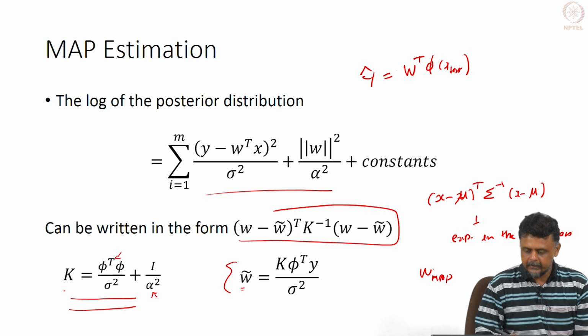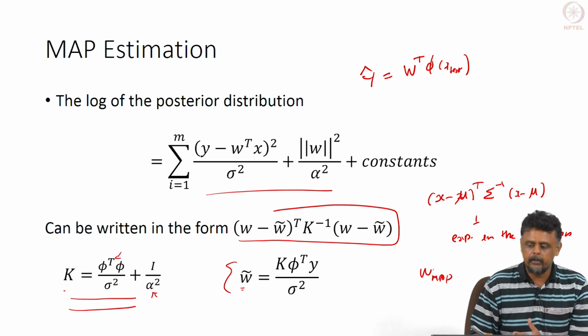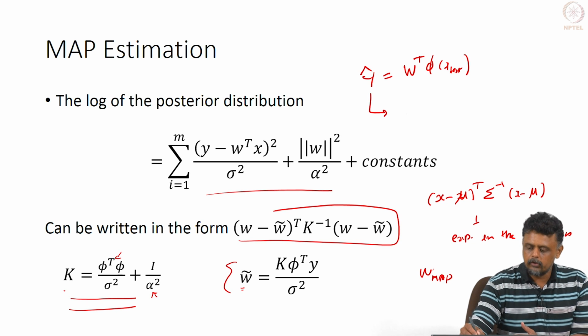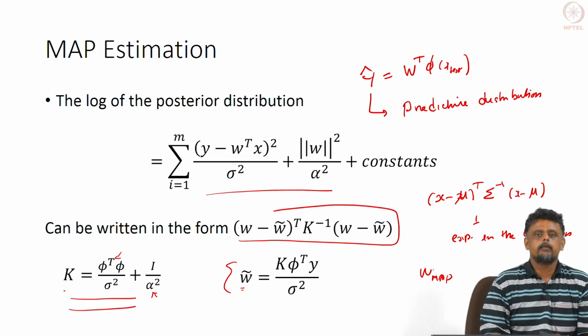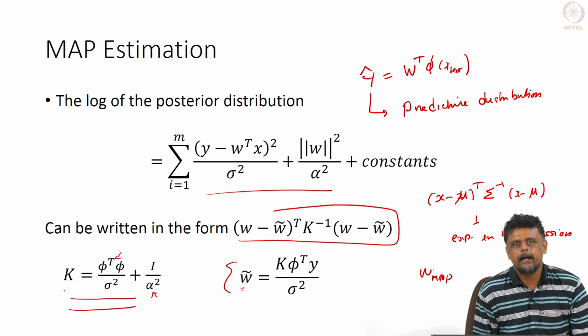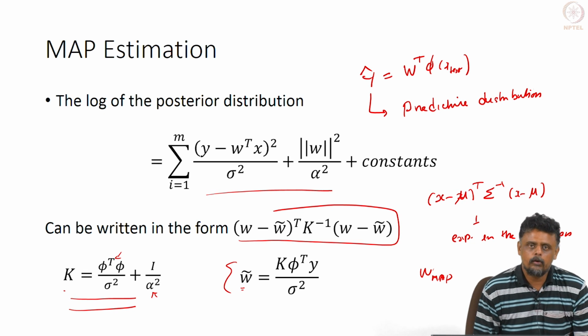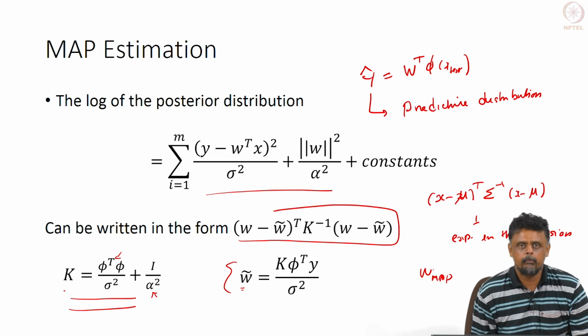Now, that is nice, but we will go one step further and do what is called Bayesian regression, where we compute a predictive distribution on y tilde. What we want is an error bar on your estimate y hat. Y hat is what you predict, but it is just one number that is thrown out, whether you use MAP or MLE.